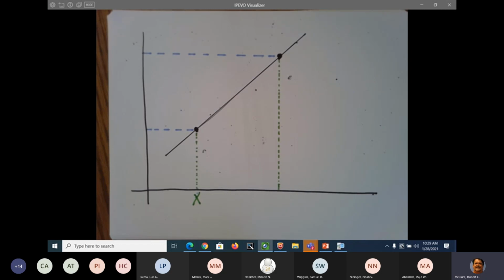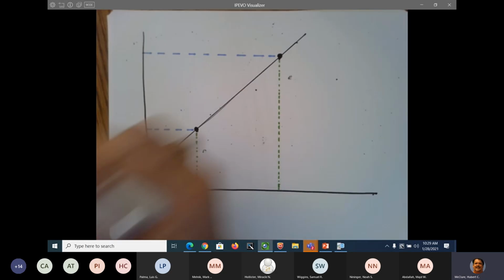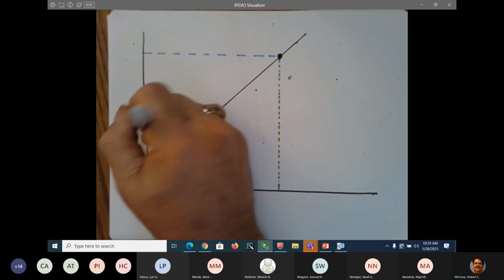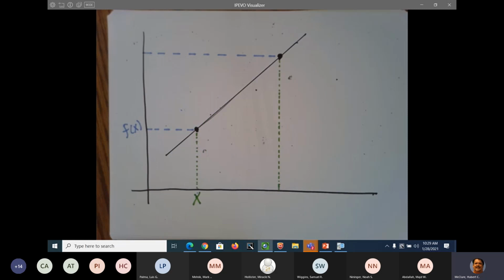Then what is this? Well, this over here is going to be f of x. Now, between here and there, I'm going to take another color and we're going to color it orange.